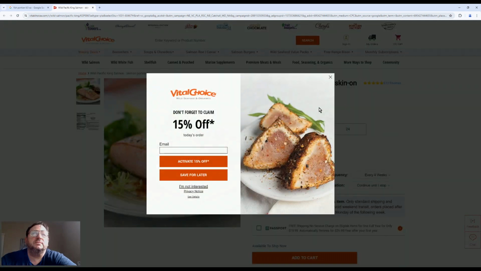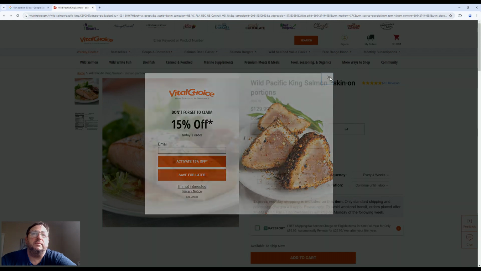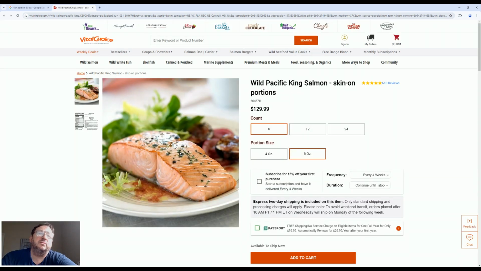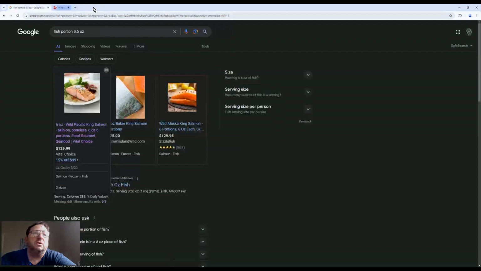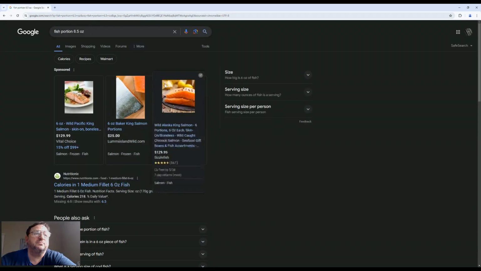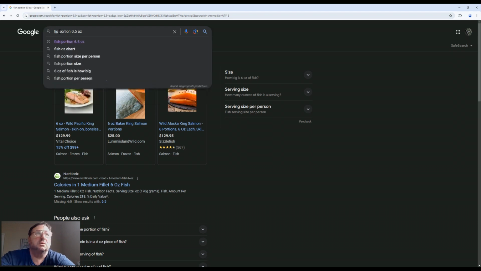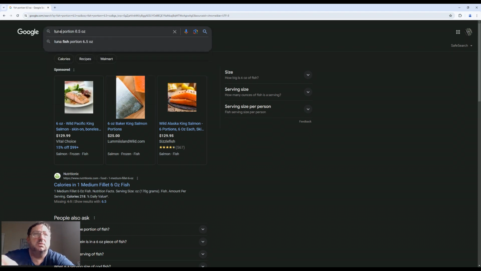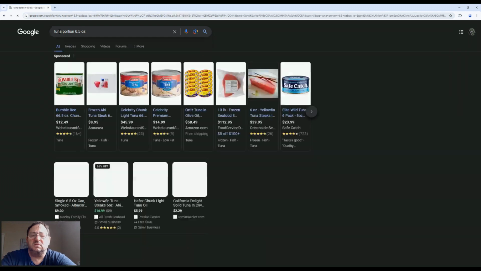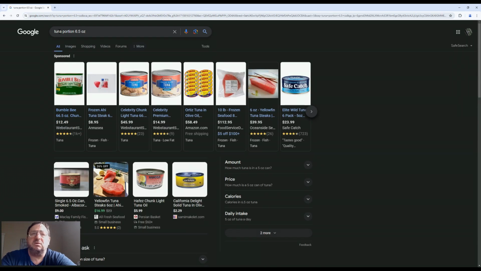Okay, now you can make a note for yourself. Fish, this particular Pacific King salmon, or suppose I like tuna. Tuna is okay, but not every day, because it has mercury.